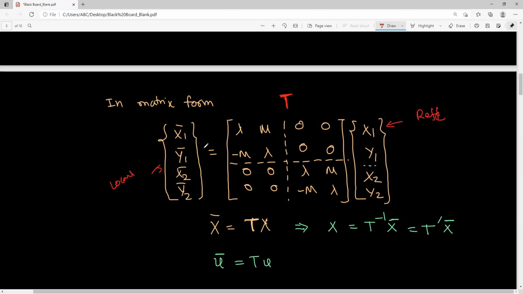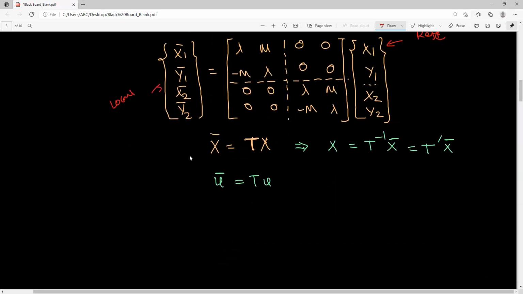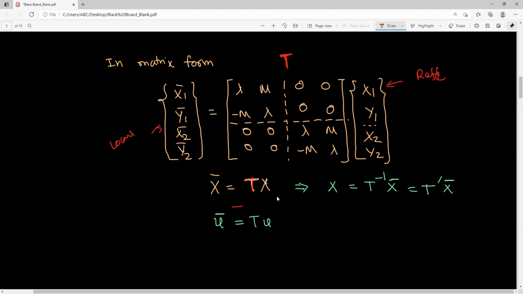In short notation, we can write x bar is equal to T x, where T is the transformation matrix. X bar is the force vector in the local coordinate system, and x is the force vector in the reference system, which comprises several members.